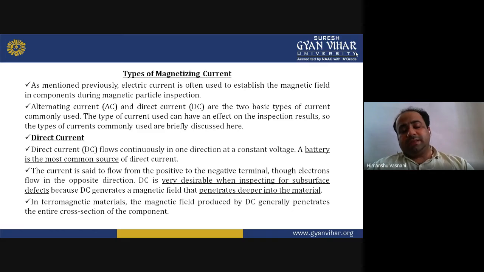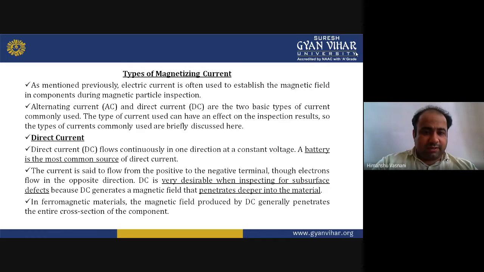The current is said to flow from the positive to the negative terminal, though electrons flow in the opposite direction. So direct current is very desirable when inspecting for subsurface defects.